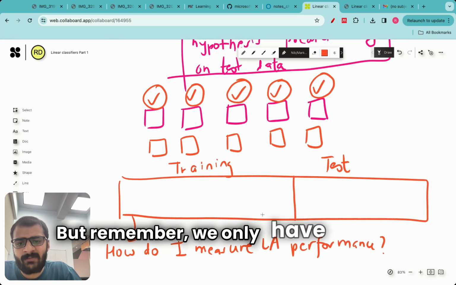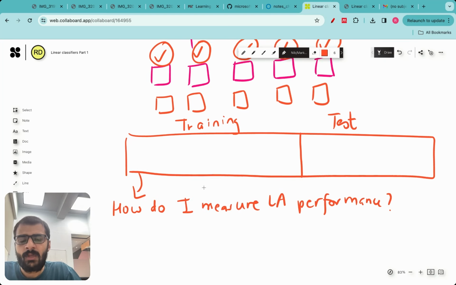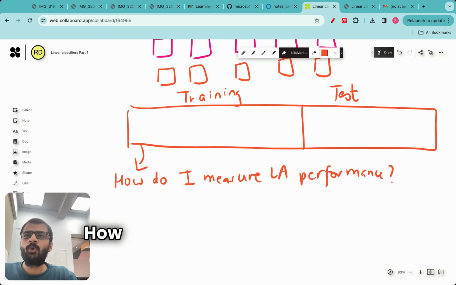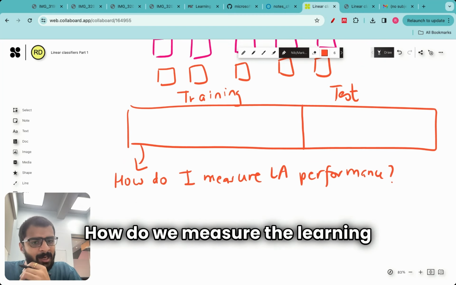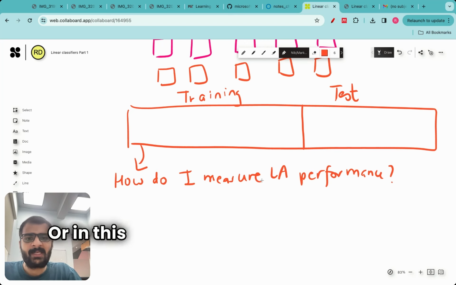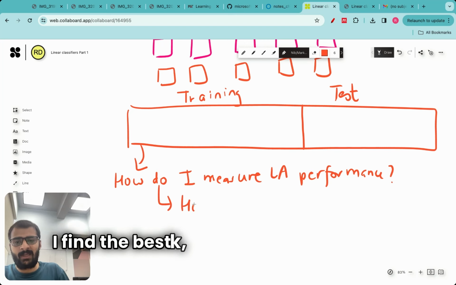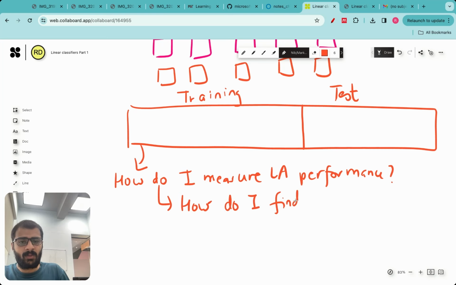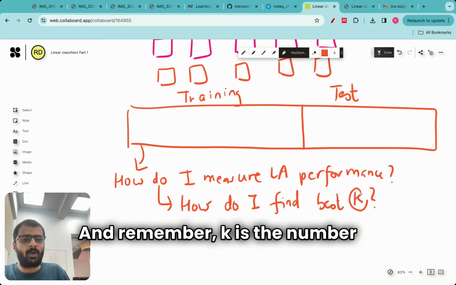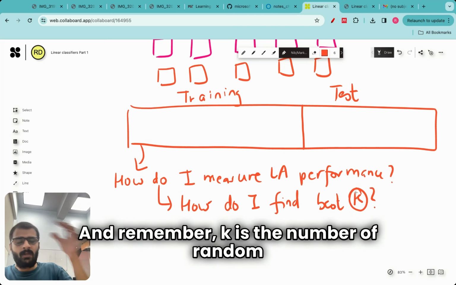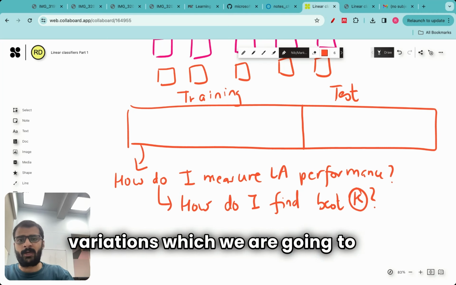But remember, we only have this much data now. So then what do we do? How do we measure the learning algorithm performance? Or in this case, very specifically, how do I find the best k? And remember, k is the number of random variations which we are going to try.